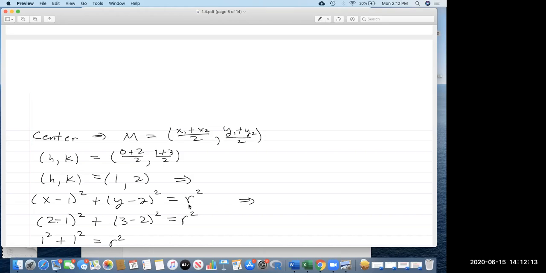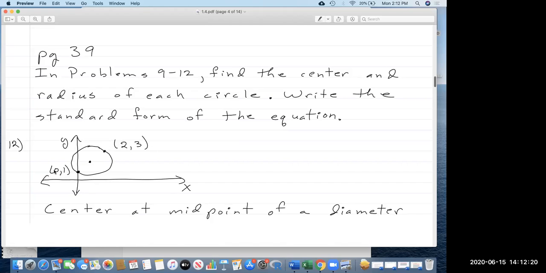I don't know r yet, but I'll be able to figure it out by putting one of these points, it doesn't matter which one, into the equation and solving for r. I'll put the (2, 3) in here so that I don't have negatives.